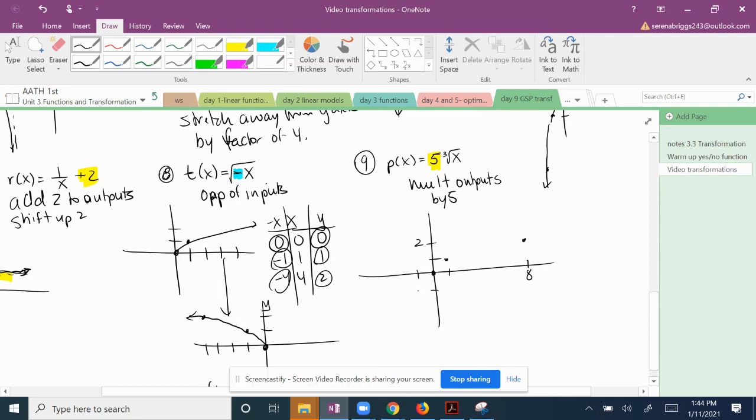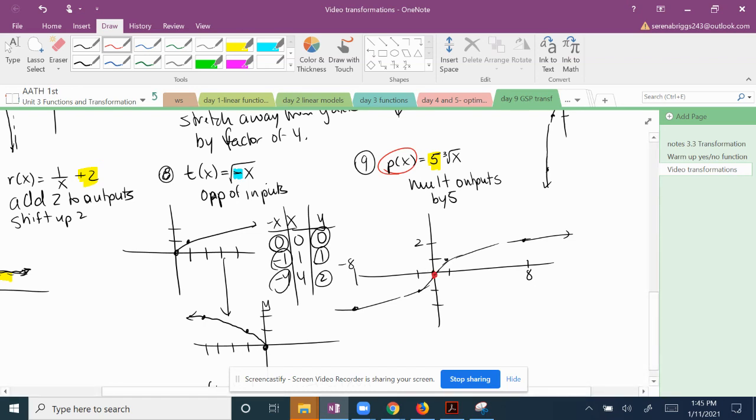And -1 gives you -1, and -8 gives you -2. I'm taking that parent graph, and then I will sketch the transformed graph in red, P, okay? So that's the parent. I want to multiply the outputs by 5.